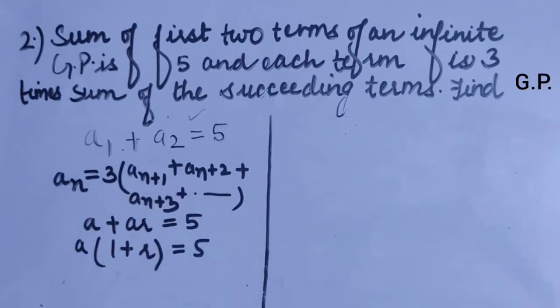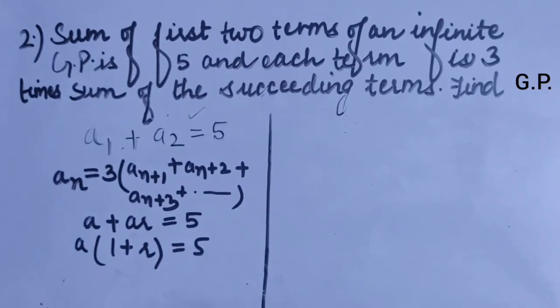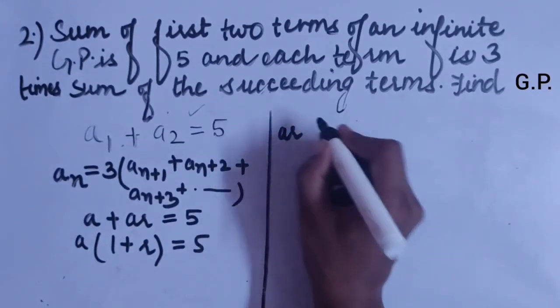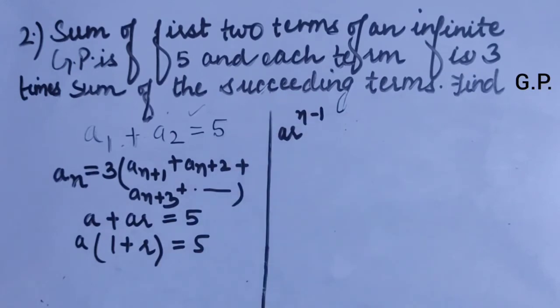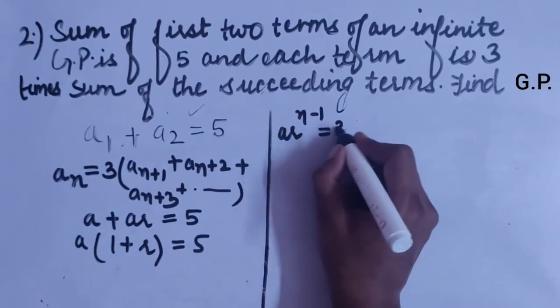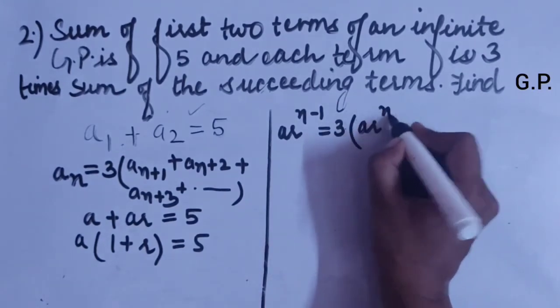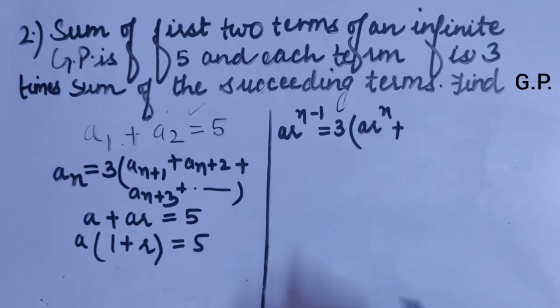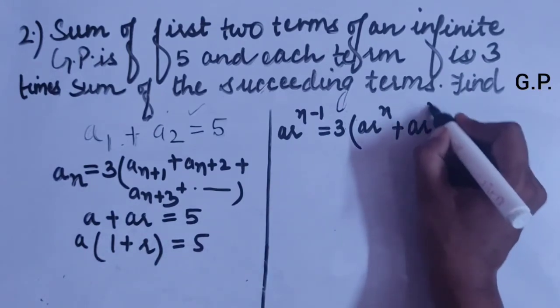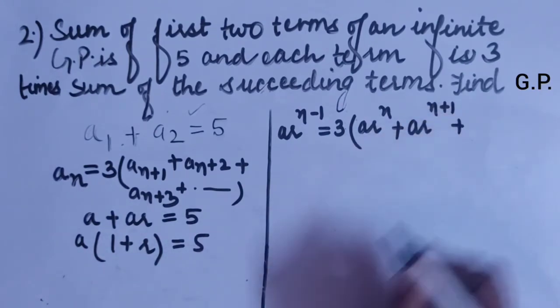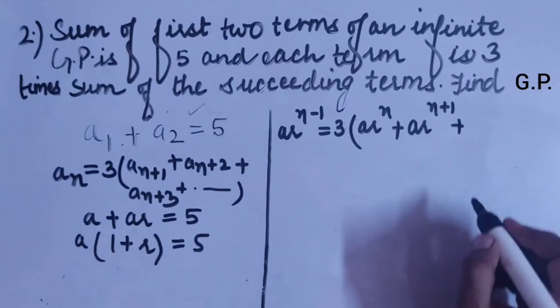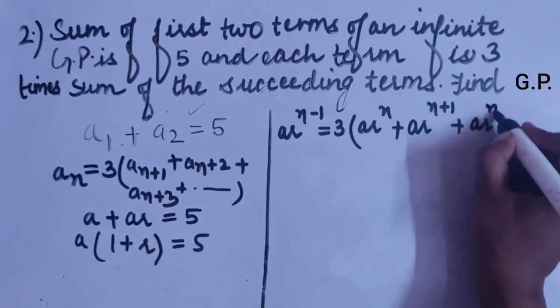As we know, an according to GP is a into r raised to the power n minus 1. It is equal to 3 times an plus 1. So students, what will an plus 1 be? It will be a r raised to the power n, an plus 2 will be a r raised to the power n plus 1, and an plus 3 will be a r raised to the power n plus 2.